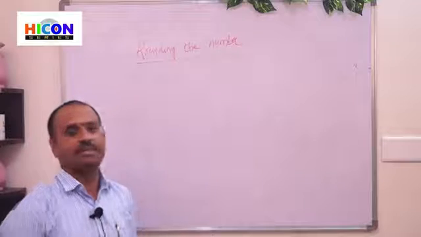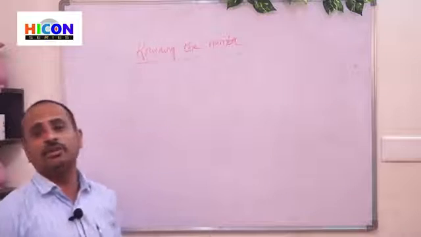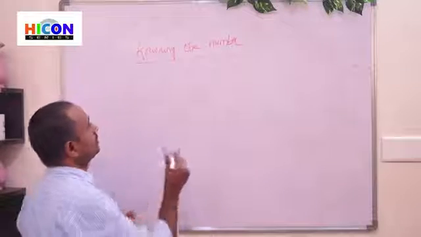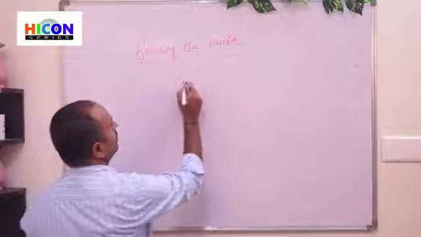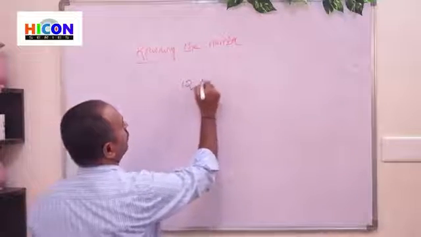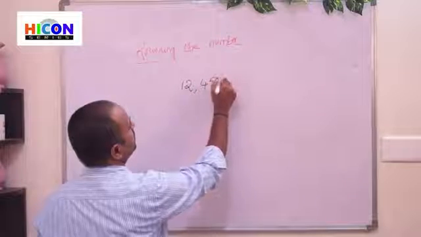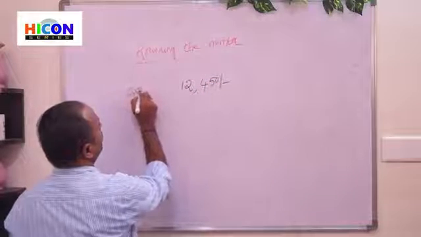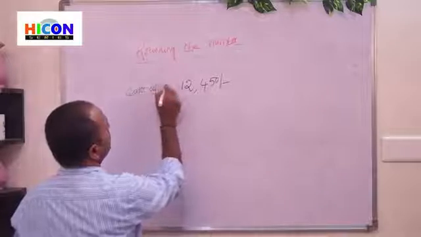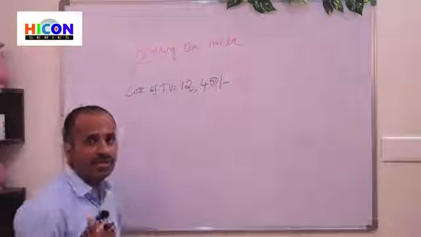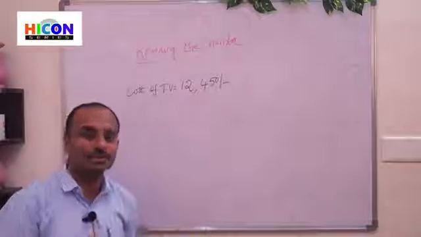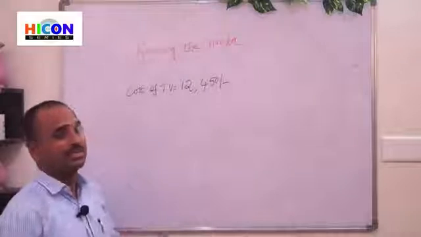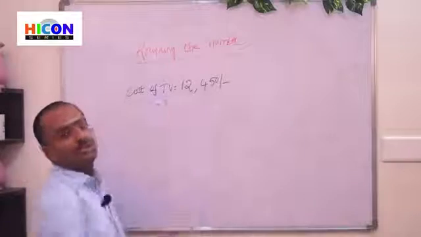See one example. If the cost of a TV is 12,450 rupees, and if we don't remember the exact cost of that TV, then we will say a number which is nearer to this value.